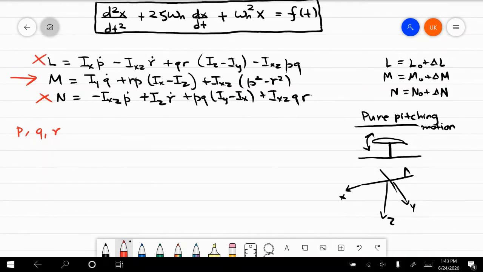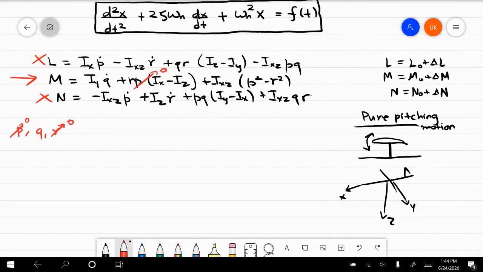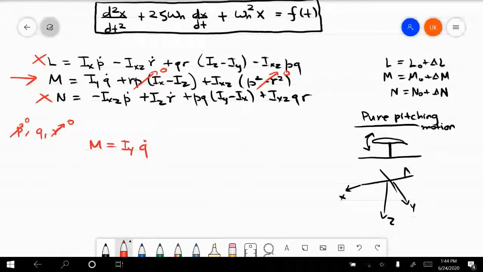If only pitching is allowed, then P is 0 and R is 0. Only Q is non-zero, because Q is the pitch rate. So the second term is 0 because there is a P there which is equal to 0, and since both P and R are 0, this term is also equal to 0. The equation that we are left with is M equals Iy Q dot, and this is already very simple.